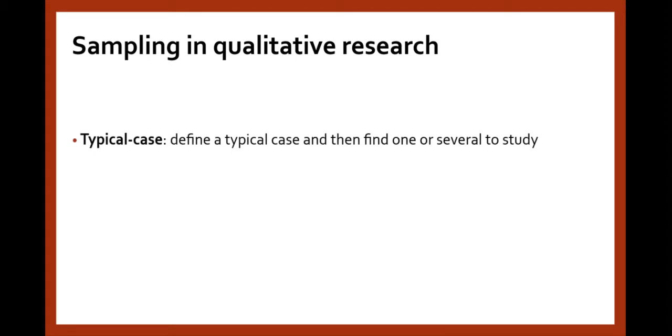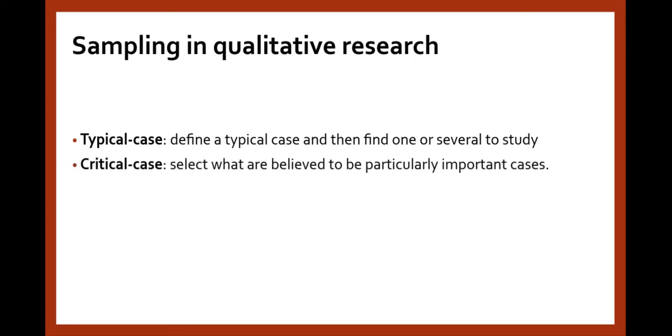In qualitative sampling, there are typical cases, and that's the kind of average typical case that you're going to find, and you're looking specifically for individuals who are typical, who are average on whatever trait is of interest. There's also critical cases.